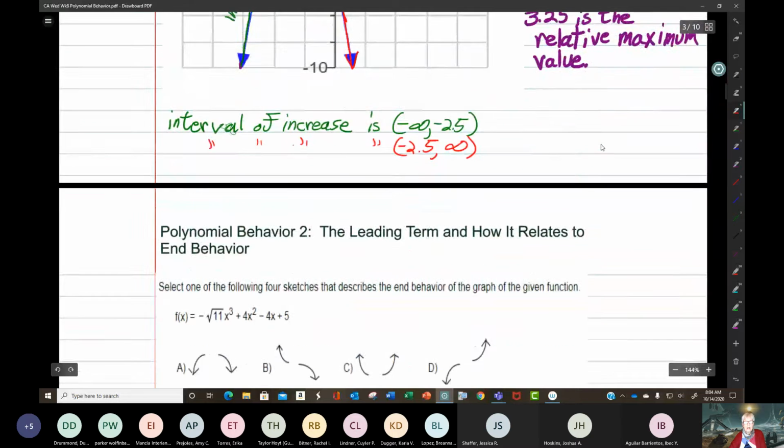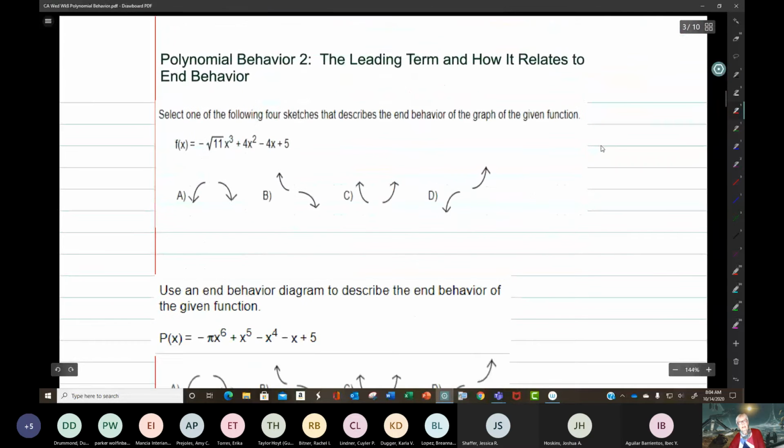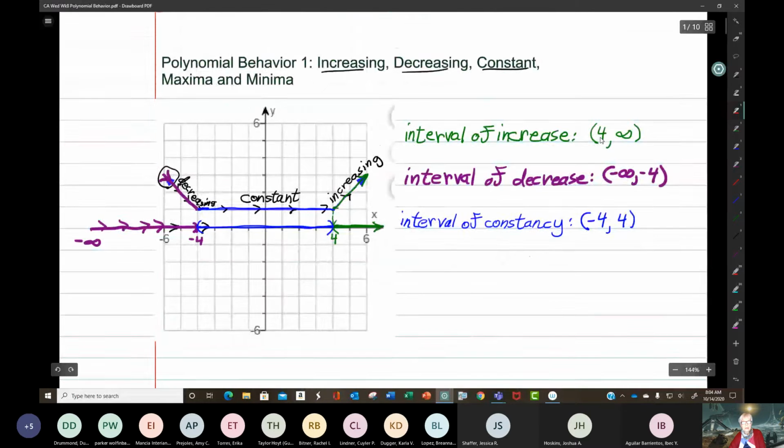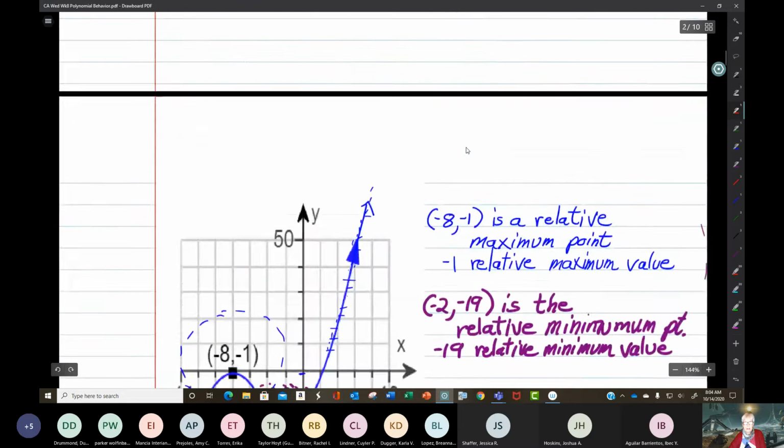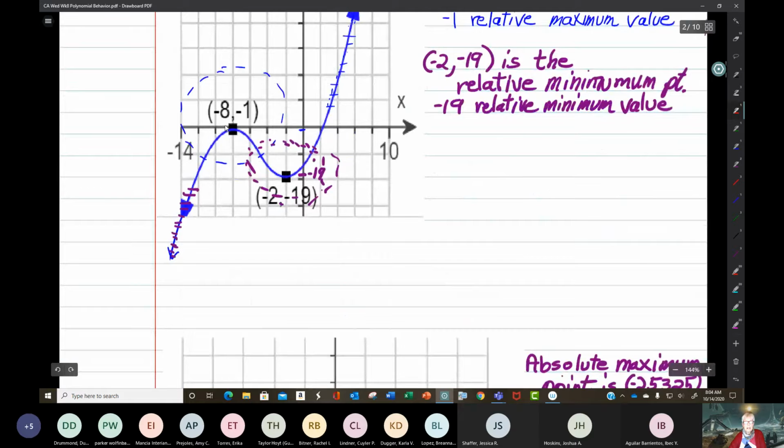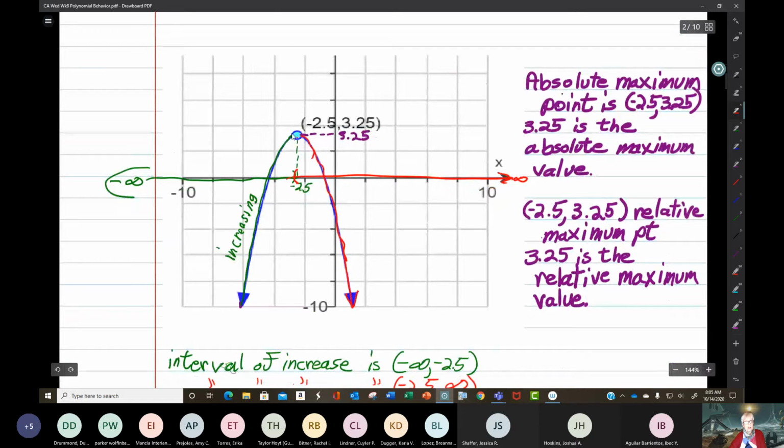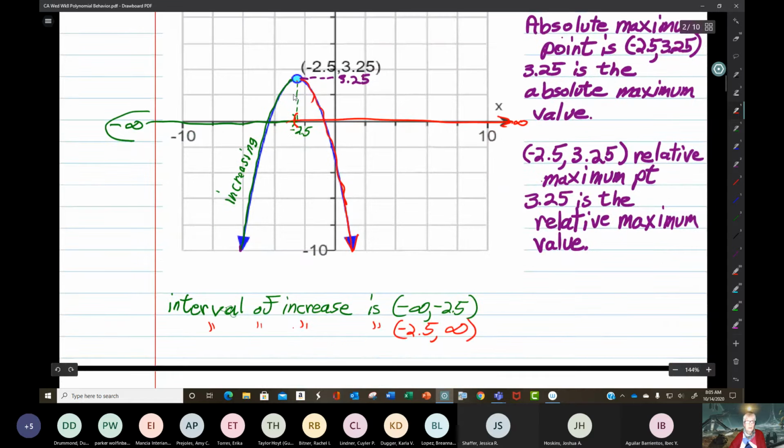Okay, now we're going to talk about something else. See, we've got all these little facts going on. So let's look at what part one dealt with: increasing, decreasing, constant, maxima and minima, that's plural of maximum and minimum. Then we talked about relative maximum points and relative minimum points, and relative maximum values and relative minimum values, and mixed it with increasing and decreasing.